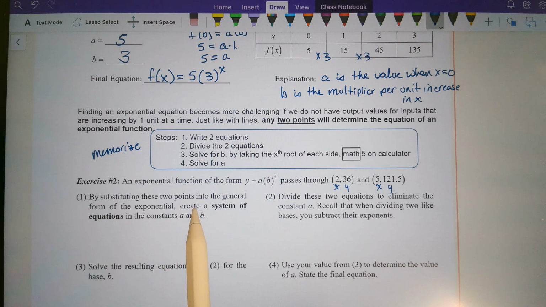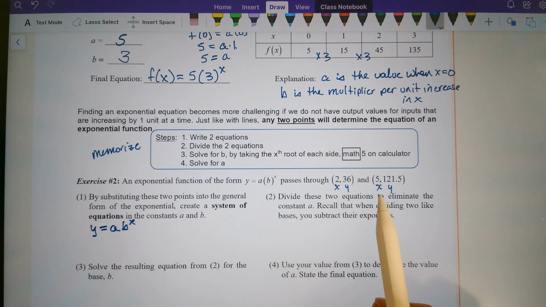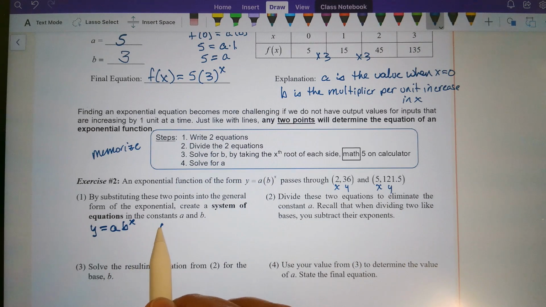By substituting these 2 points into the general form of the equation, we create a system of equations with constants a and b. Now, I'm always going to start with the point that has a larger x value. So we're taking y equals a times b to the x, and taking the point 5, 121.5, putting 5 in for x and replacing y with the 121.5.